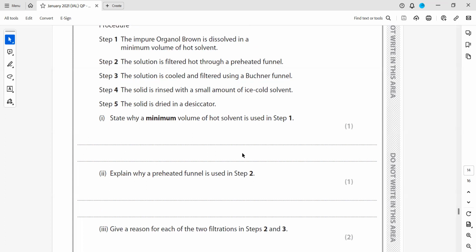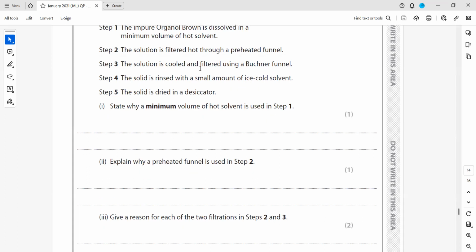And give a reason for each filtration. Step 2, a Buchner funnel is used. The solution is cooled and filtered under reduced pressure. The main thing is to remove the insoluble impurities, the impurities which do not dissolve. And step 3, the solution is filtered hot. What is the reason for this? To remove insoluble impurities. Then the solution is cooled and filtered using a Buchner funnel.